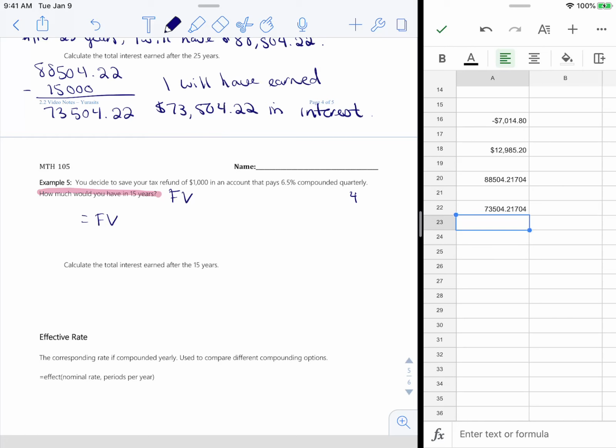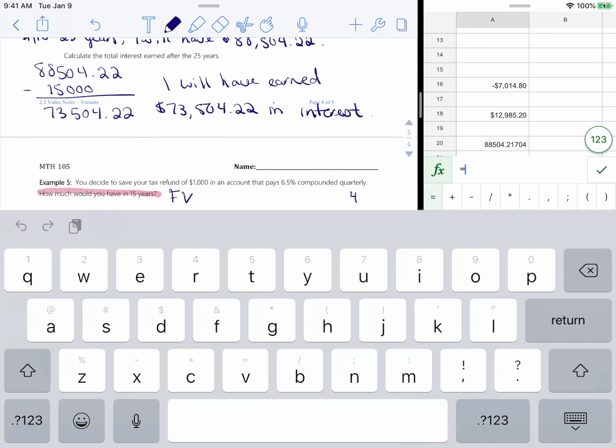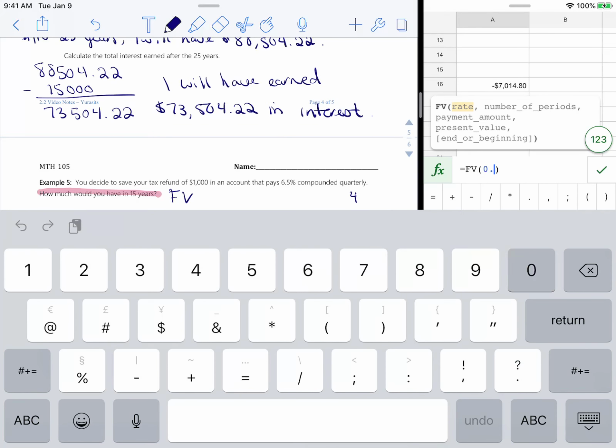So FV, I don't know what the formula needs, so I'm going to do equals FV is right there. Okay, my rate is 0.065 divided by the 4, because that's how many times you're doing it in a year. You do it 4 times a year for 15 years. Payment amount, that's what we're looking for.